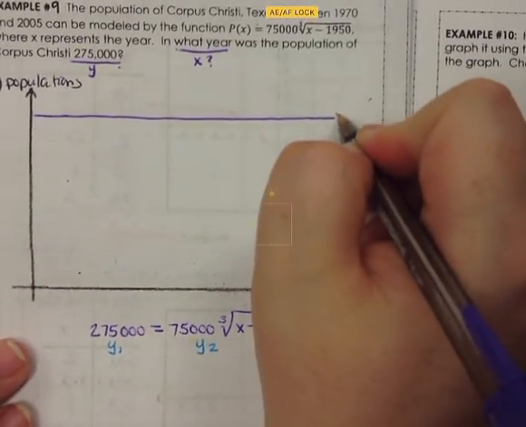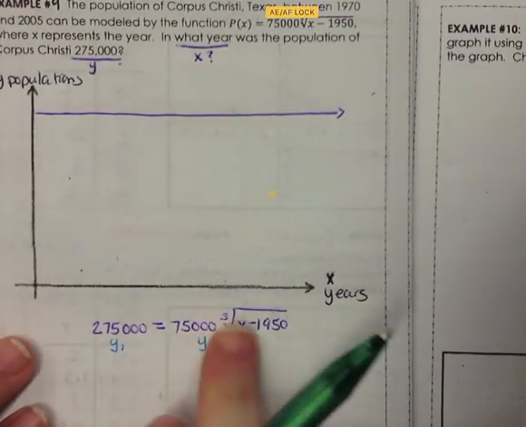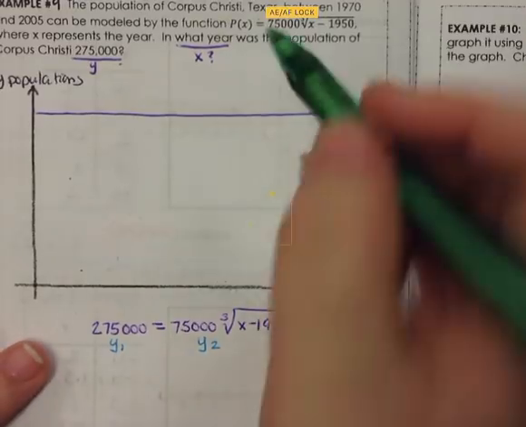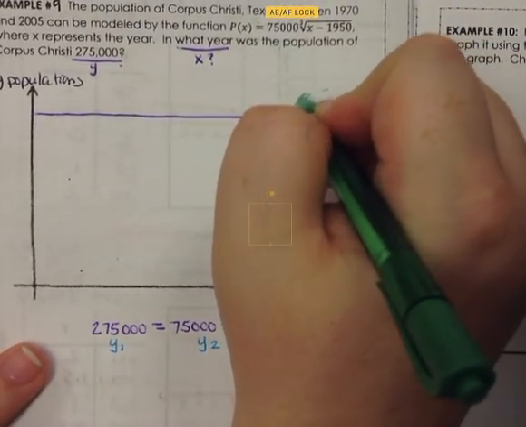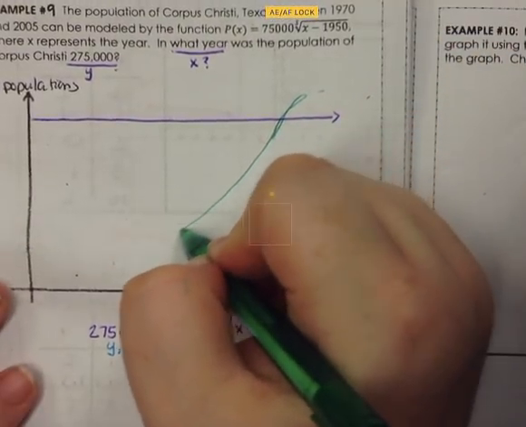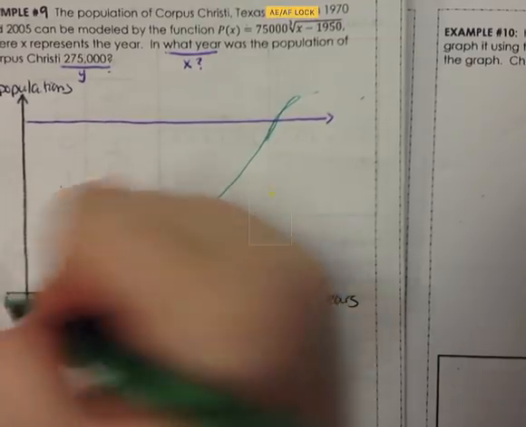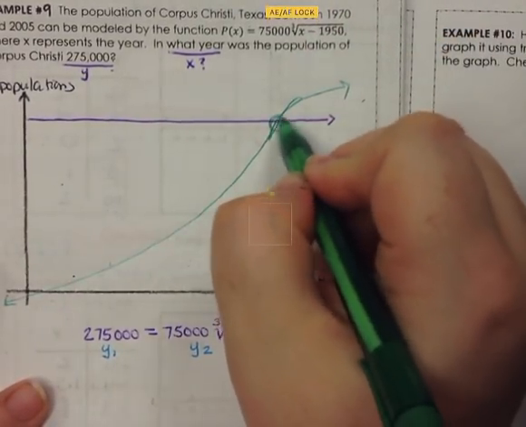We know it's gonna keep going. And then we saw the cube root kind of funky right here. But you know that it's supposed to kind of go like this, and it's supposed to go like that. So we want to find this solution right here.